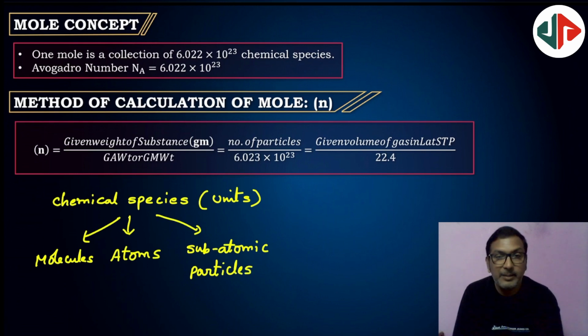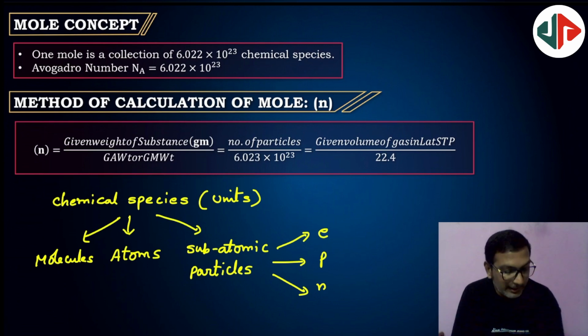So here subatomic particles means we will be having 3 types of particles: electrons, protons and neutrons. All these are chemical species or chemical units.